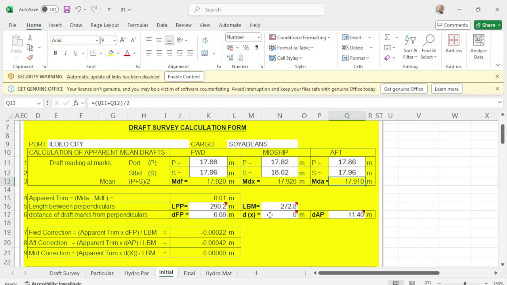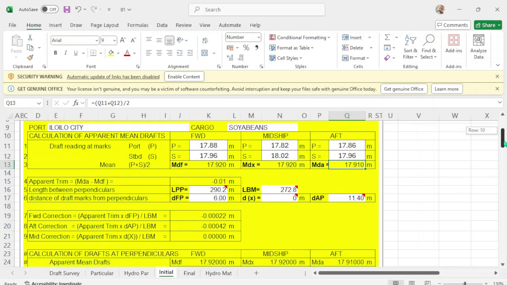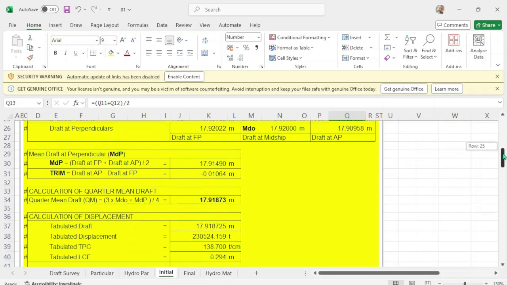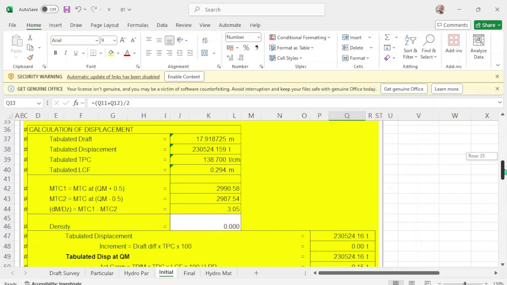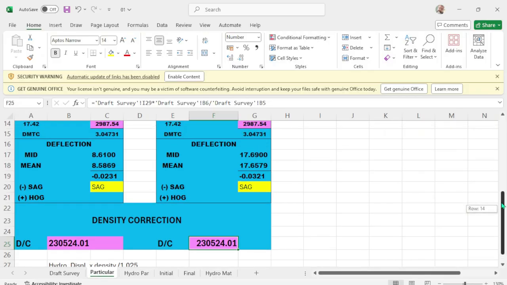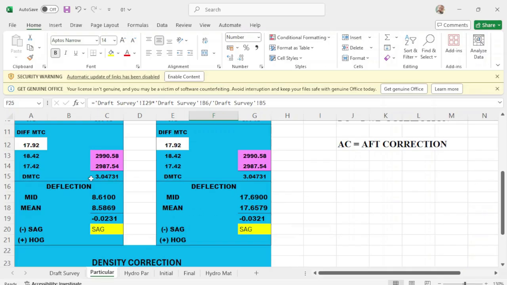Okay. Take note, it's all automatic. And now you have your quarter mean. Then you have your displacement, your difference of MTC, which is 305. And look here, MTC is 305. Okay.